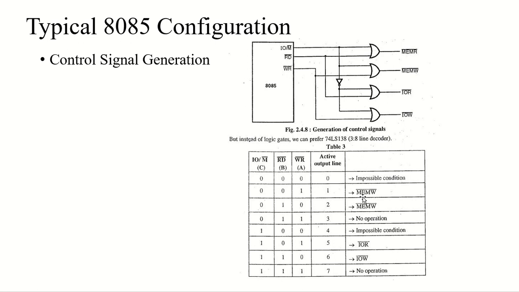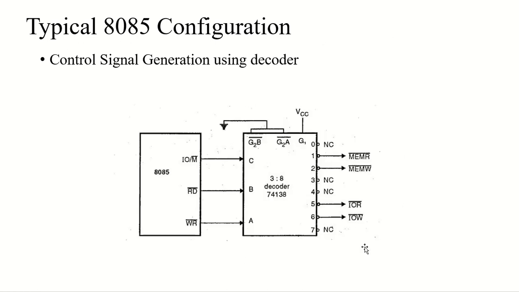Then we have IO/memory equal to 1, read equal to 0, and write equal to 1, so the fifth active output line will be activated and input output read will be activated. So the 3 by 8 decoder and its connections are visible here, and it will operate in the similar fashion that we have discussed.